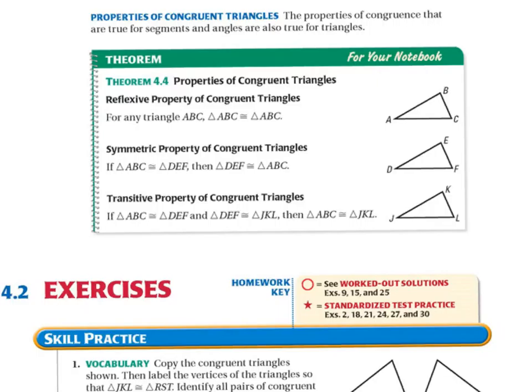Okay, so like I say, you should know the symmetric property by now. And then our transitive property of congruent triangles, so that says if ABC is congruent to DEF, and DEF is congruent to JKL, then, of course, we know that ABC is congruent to JKL.